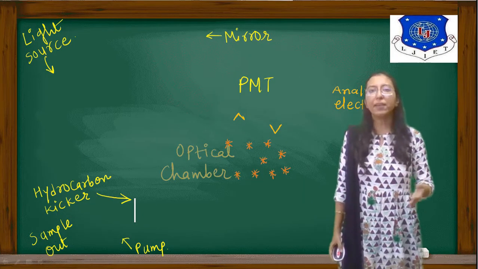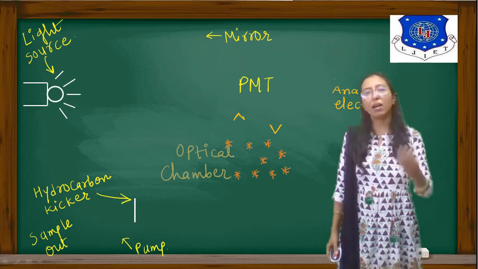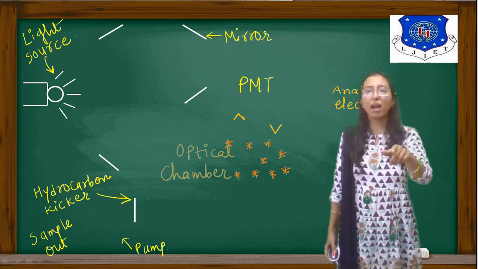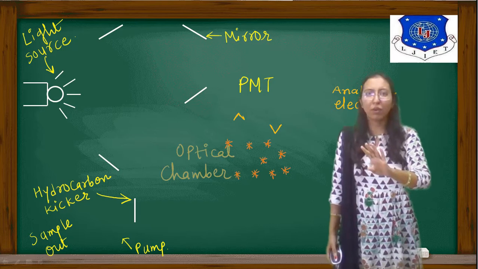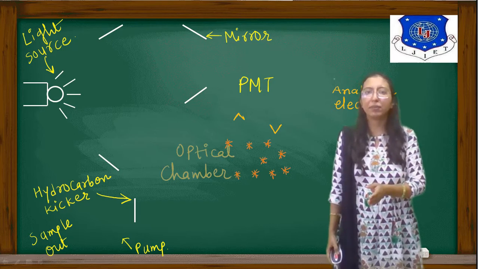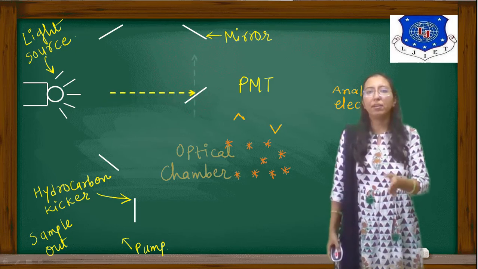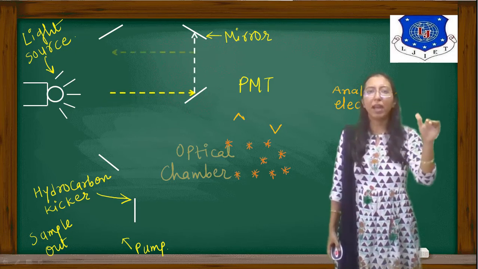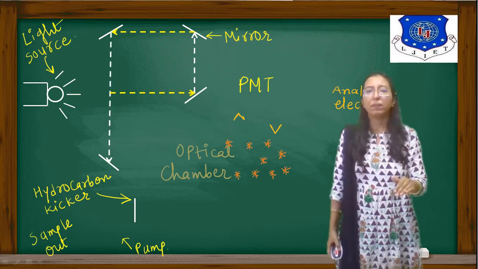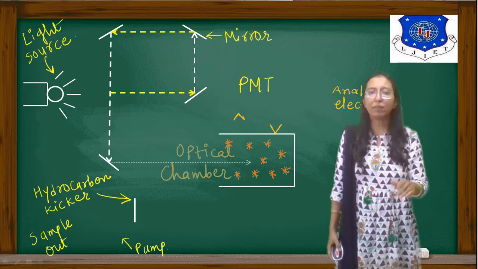You can see in the diagram, this is our light source, and these are the four mirrors we are using as a band pass filter, with light passing through the mirrors.